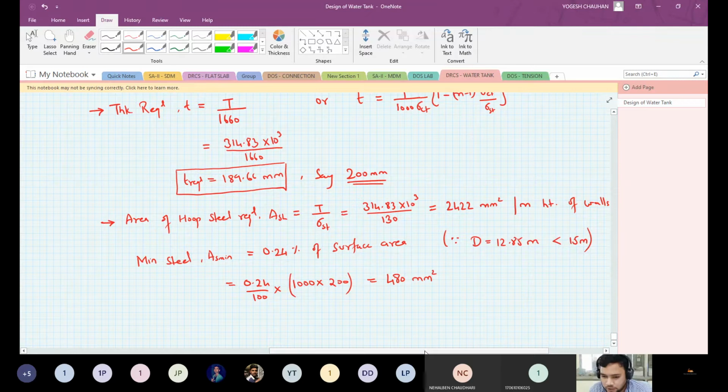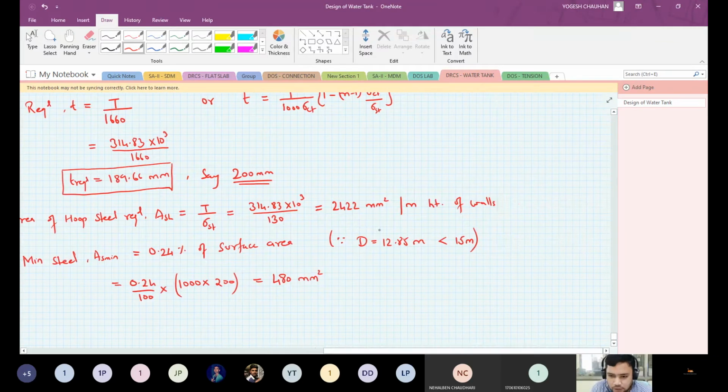Okay, so here our area of the steel required to resist direct tension is more than the minimum steel. This is also per meter. This is more than 480 mm square per meter.